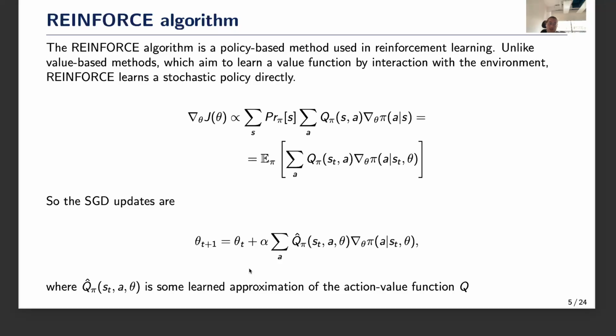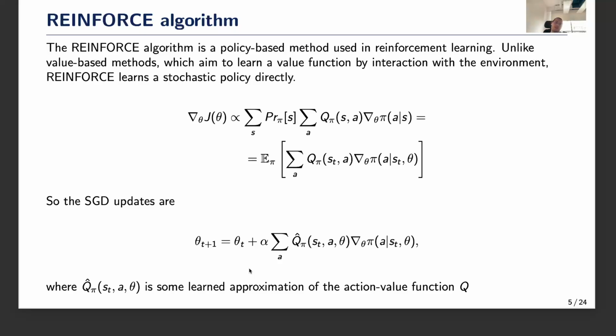In other words, just let the agent play, collect experience, and use that to estimate the gradient. Now here's the practical trick. Instead of the full expectation over all actions, we can just plug in the actual action a_t taken during the rollout, or our play, and the associated reward or return.